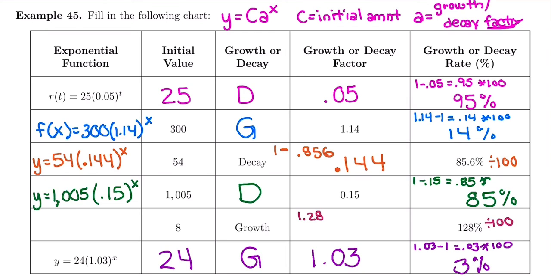And we're representing growth, so we're going to add 1 to that. We're going to see how much more than 100% that is. We're going to add 1. It's going to give us 2.28 as our growth factor. And so our equation, which we can call f of x or y, is going to be our initial value 8 times our growth factor 2.28 raised to the x.